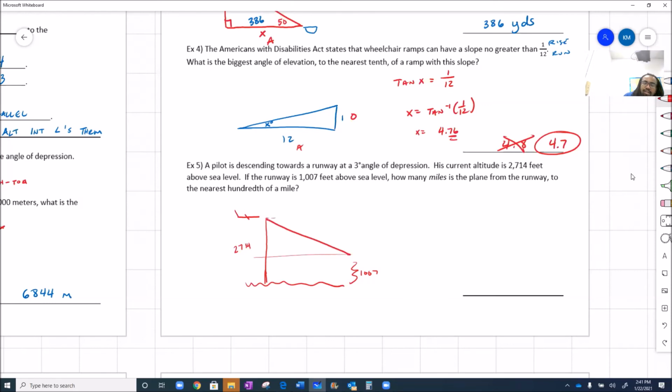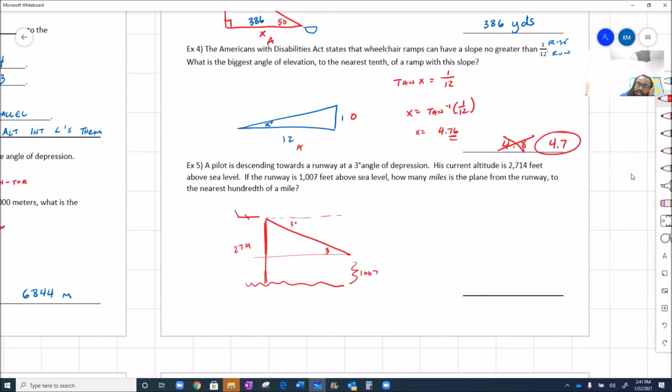They told us the angle of depression was 3 degrees. Remember, the angle of depression is outside of the triangle, so when we put it inside the triangle, the angle of elevation from the runway to the plane is 3 degrees. We want to find this length.